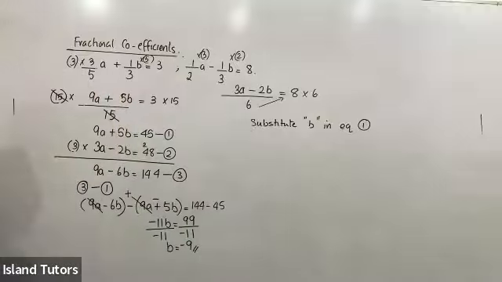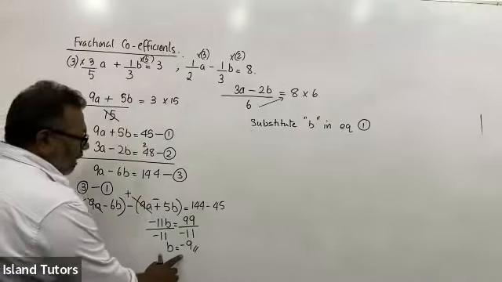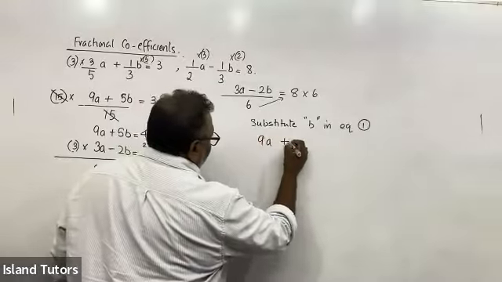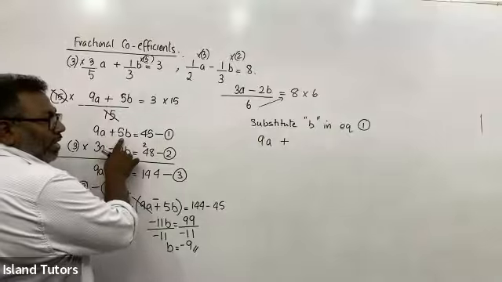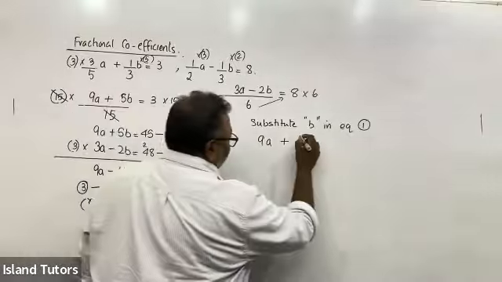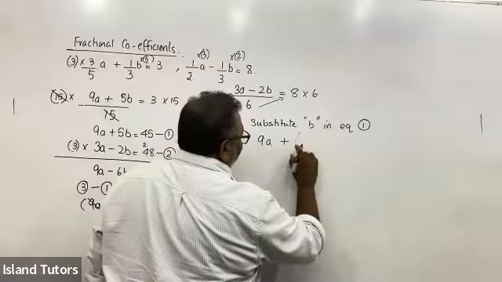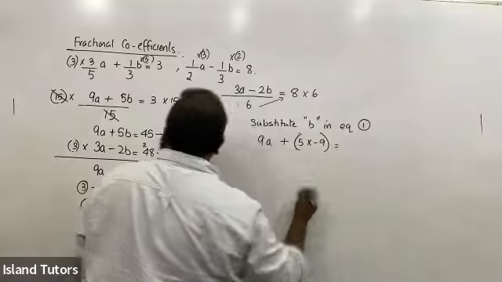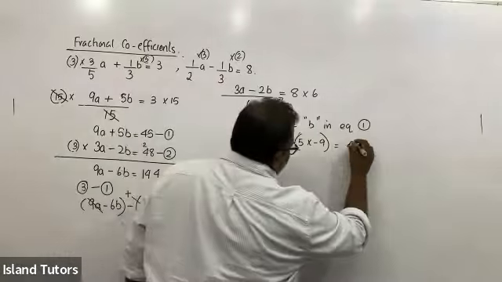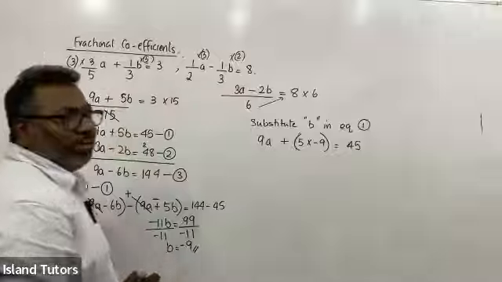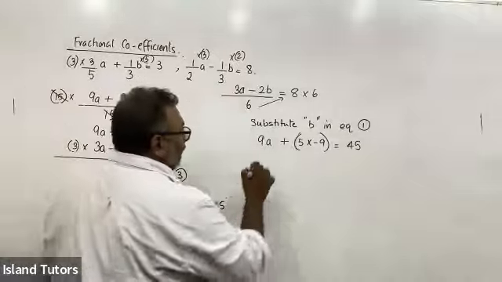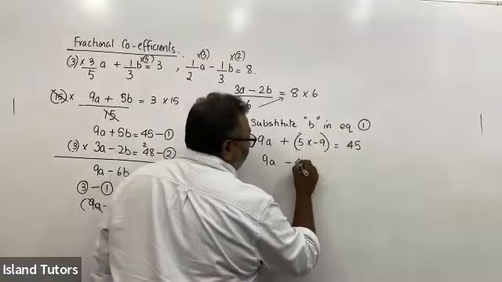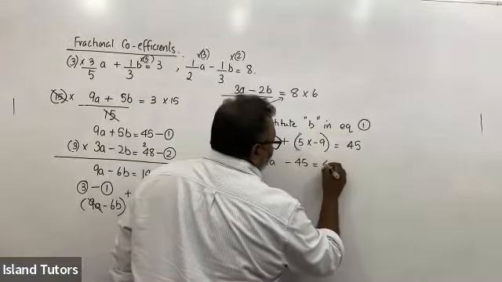So B is minus 9. 9A plus 5B, you're going to put minus 9 here. So 5 into minus 9 is equal to 45. So 9A, 5 into minus 9 is minus 45, is equal to 45.